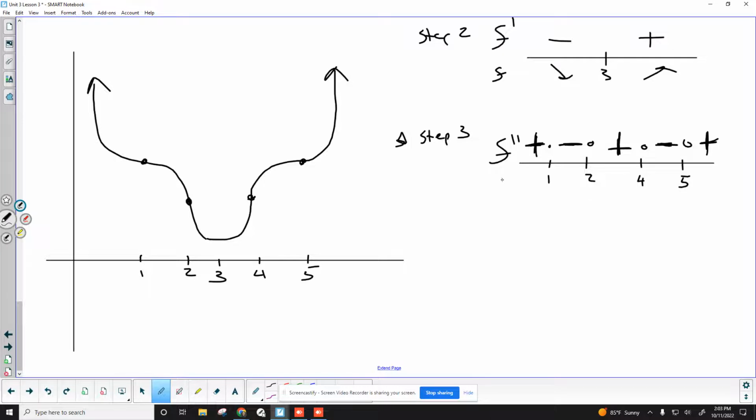We would know that f prime would be increasing, then decreasing, then increasing, then decreasing, then increasing. But more importantly, we would know that f would have to be curving upward until 1.